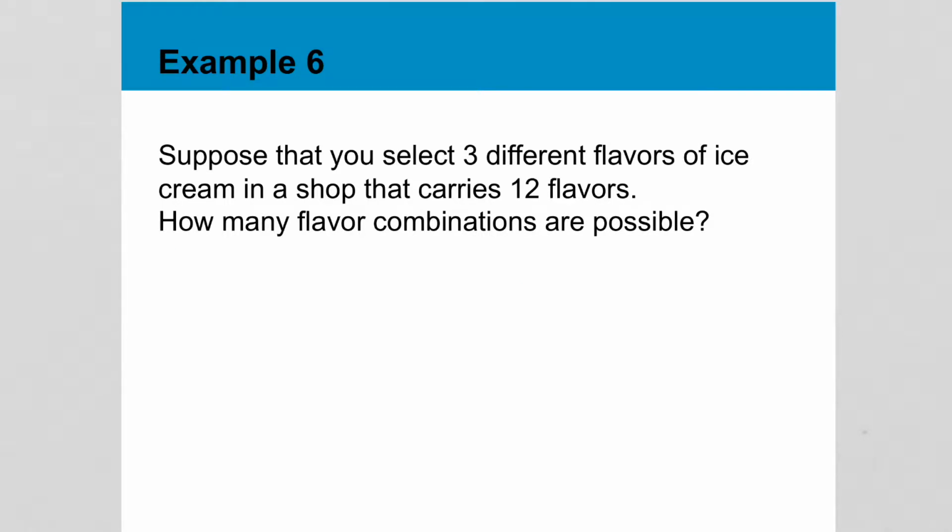Suppose that you select 3 different flavors of ice cream in a shop that carries 12 flavors. How many flavor combinations are possible? So there's 12 flavors. We only need 3. 12 factorial over 12 minus 3 factorial times 3 factorial.